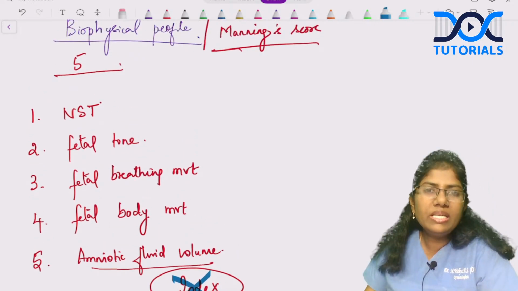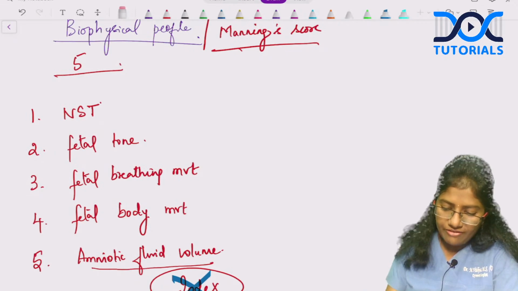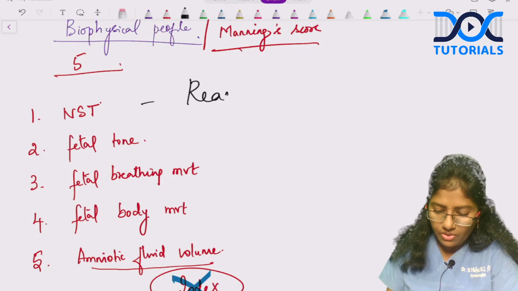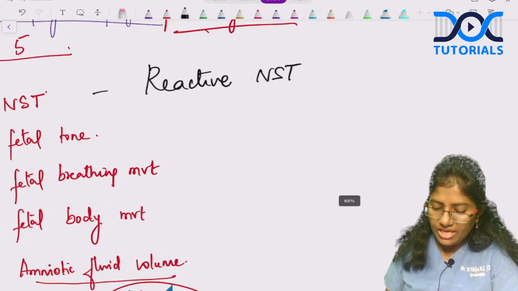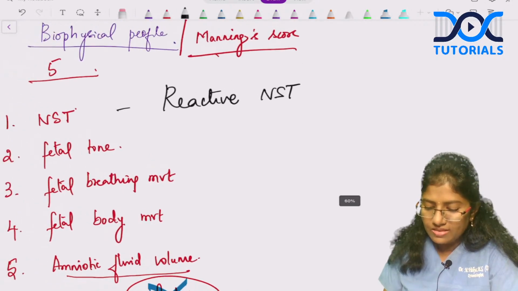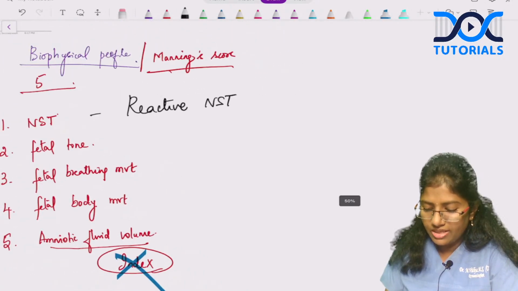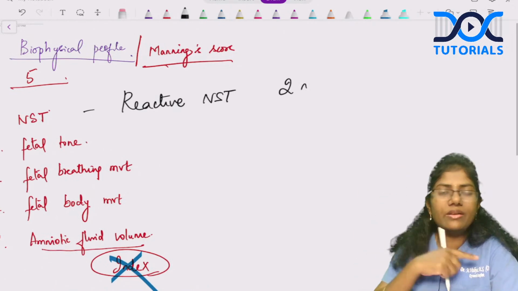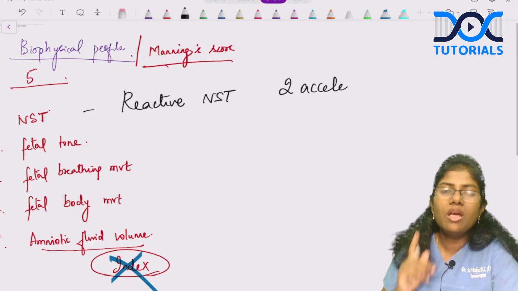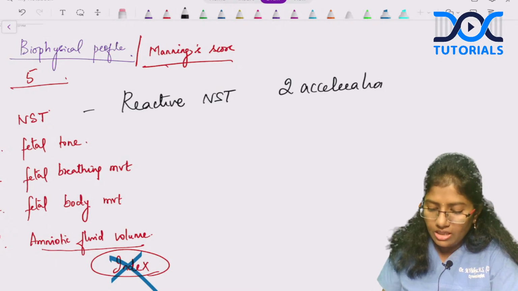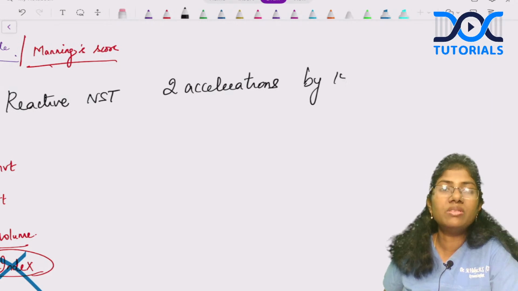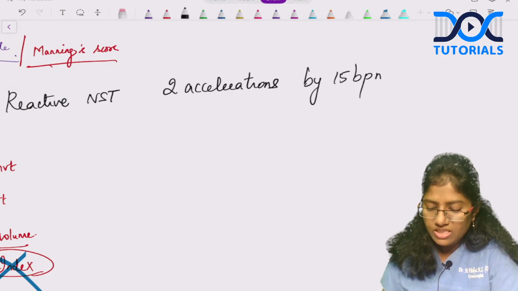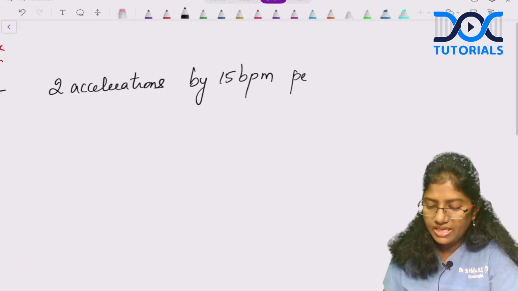Now for NST, there is something called reactive NST. What is reactive NST? If there are two accelerations, acceleration meaning increase in heart rate, by 15 beats per minute, persisting for 15 seconds.